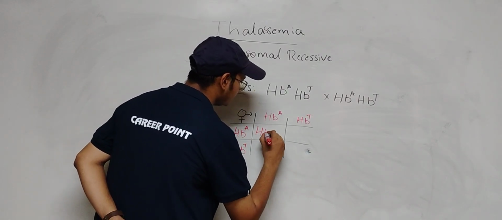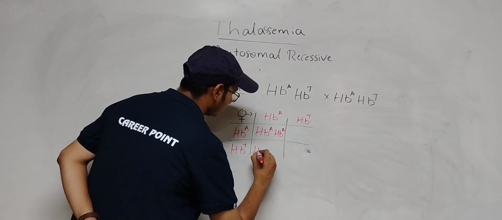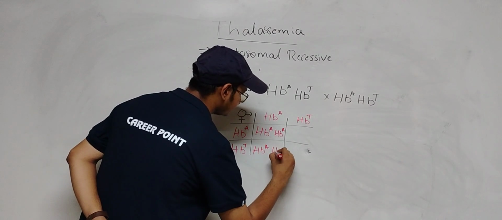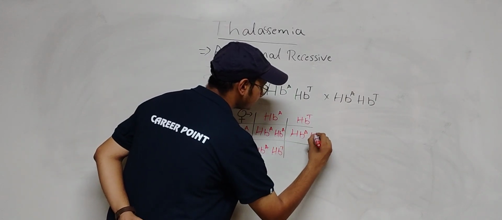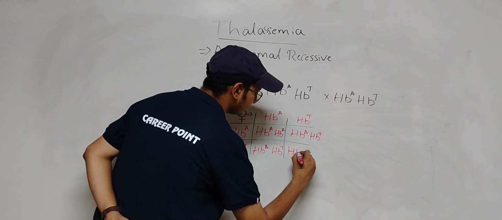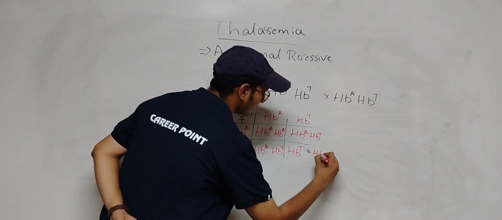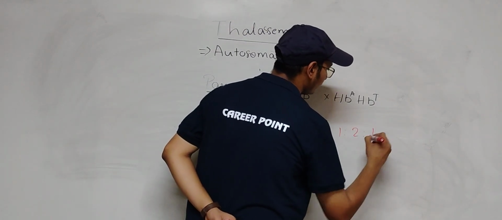It will become HBA normal, and this will become carrier, and even this will become carrier, and this will become diseased. So the ratio is 1:2:1.